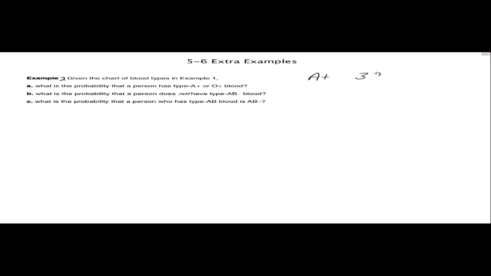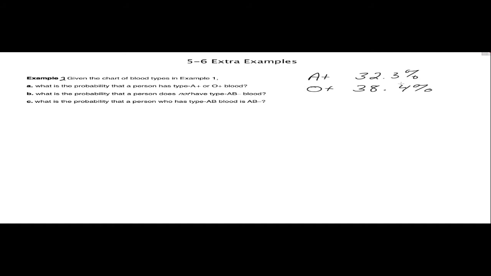That's a percent, right? 32.3%. The probability that it's O positive is 38.4%.